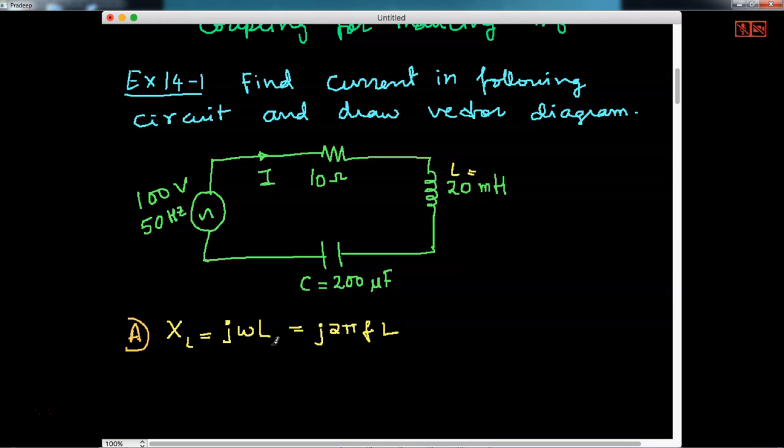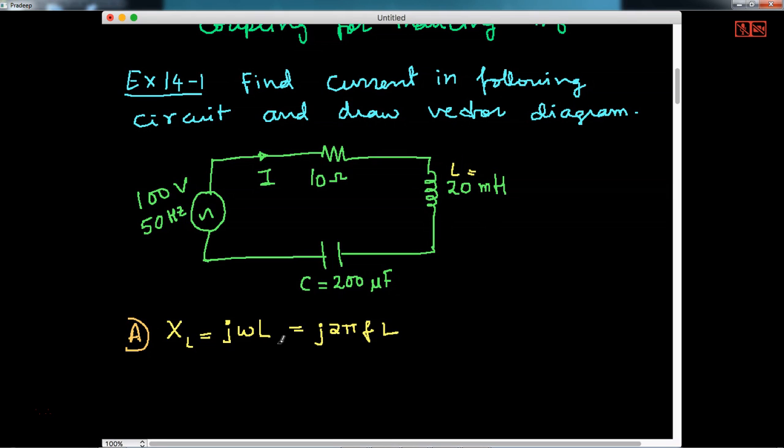From the basic differential equation of an inductor, you can derive that the relation between current and voltage in an inductor is achieved by this element XL. Let's substitute: j 2 pi, frequency 50, and inductance 20 into 10 to the power minus 3.